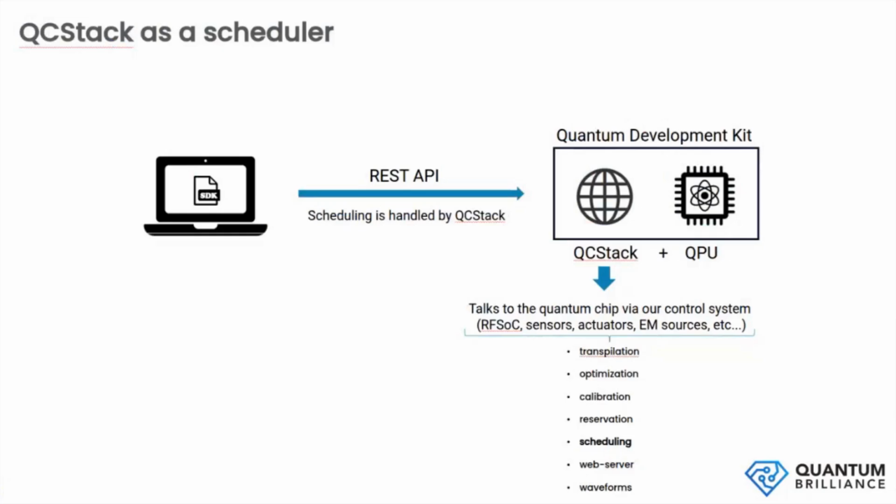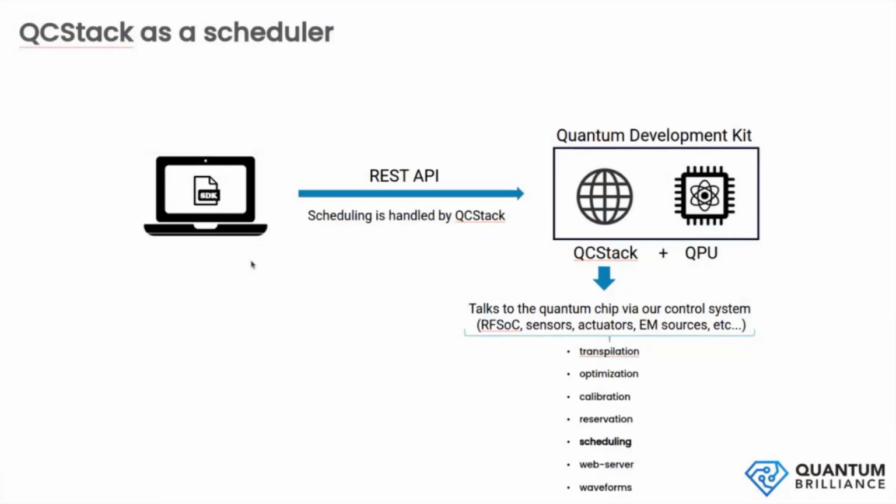Yes, in this picture you can use what I call the SDK over here, but you can directly send a curl command with a specific OpenQASM circuit, because QC stack in our case understands OpenQASM directly, so you don't need a client SDK.